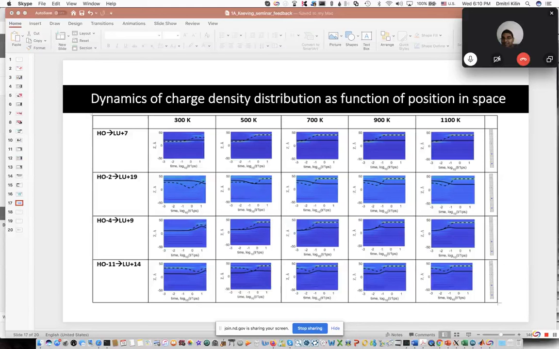So the electron from the sodium goes to the iodine. So it makes sense that all of our charge transfer happens near the iodine. The second is that the magnitude of the charge transfer increases with temperature. So you see that as the temperature increases, the electron travels farther and farther distances. So those are two quick things to note from these figures.